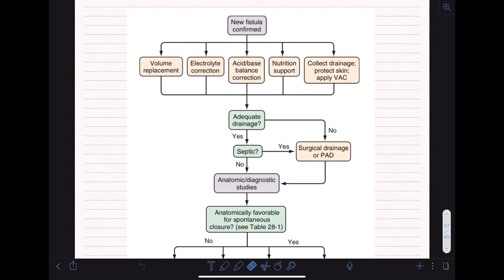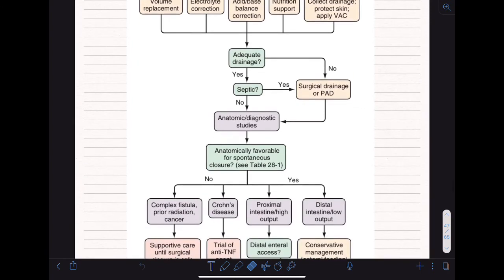As previously mentioned: volume replacement, electrolyte correction, acid-base correction, nutrition support, and collection, drainage, and protecting the skin and applying VAC. Then when adequate drainage is there, and if the drainage is septic, then anatomic and diagnostic studies are required.